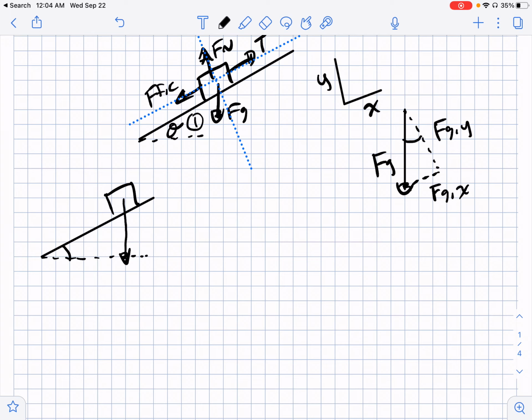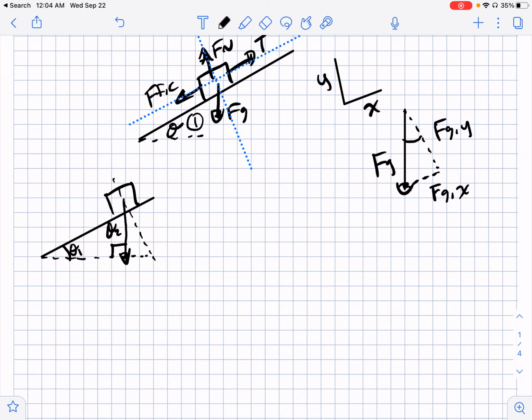If we call this angle here theta 1, now we know we have a right angle right here. And we'll draw in our new y-axis that we shifted, and let's call this theta 2.